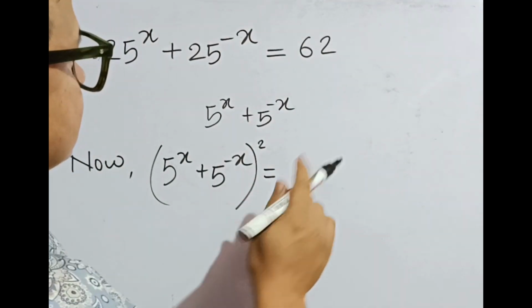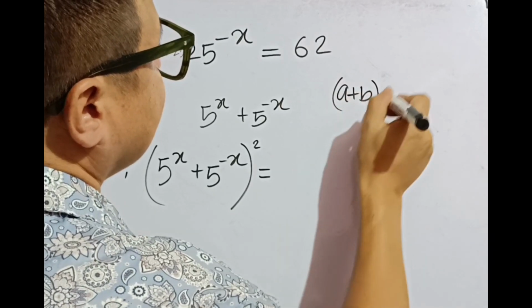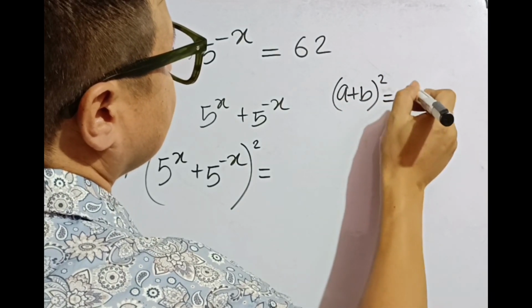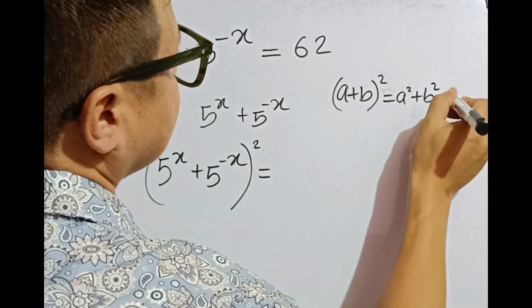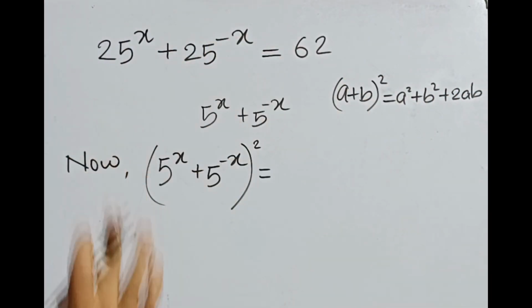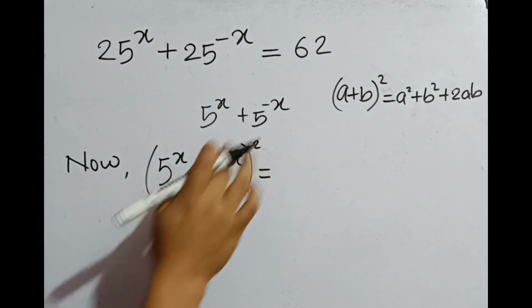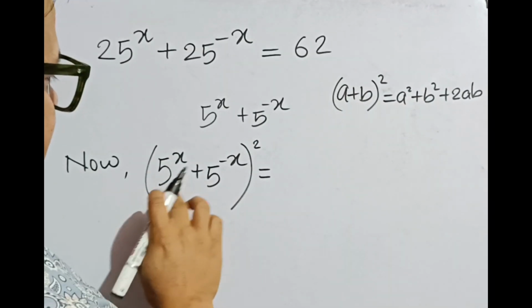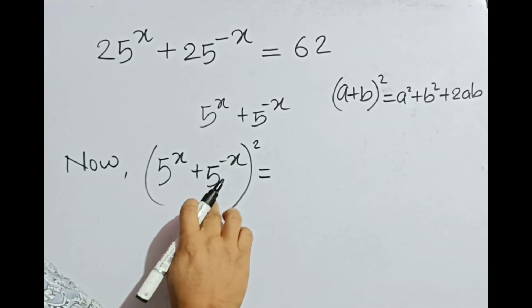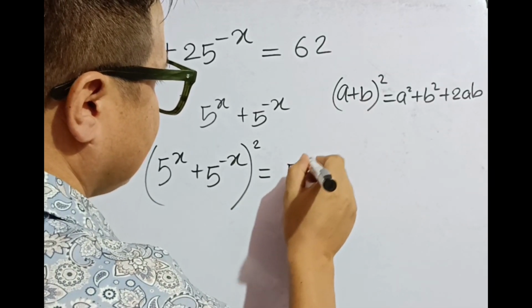Now we have to expand it on the right hand side. And to expand it, we can use this algebraic relation, that is (a plus b) whole square is equal to a square plus b square plus 2 into a into b. Here also, this is in the form of (a plus b) whole square. So it becomes square of the first term plus square of the second term plus 2 into the product of the first term and the second term.